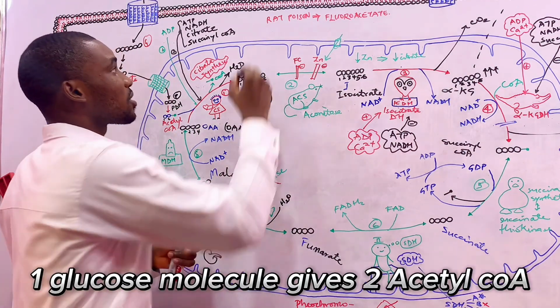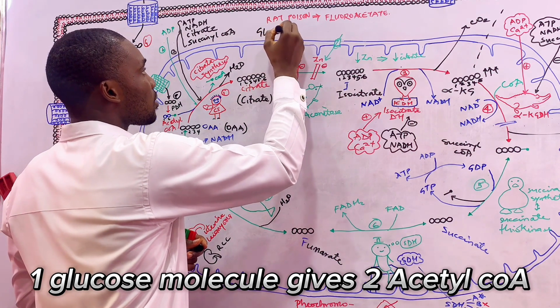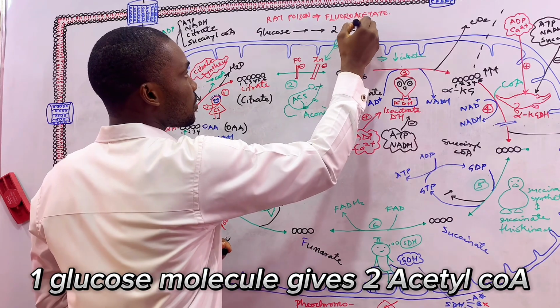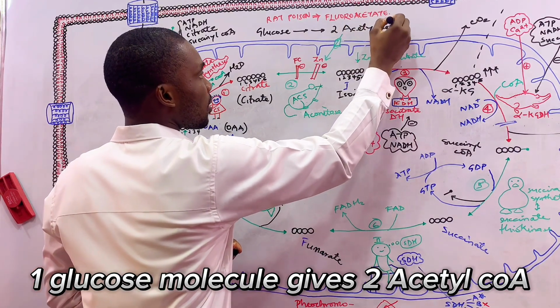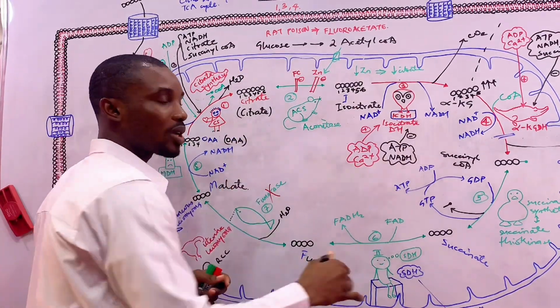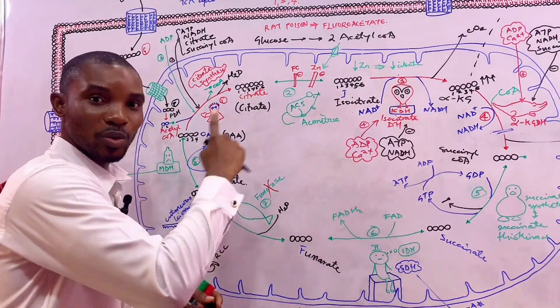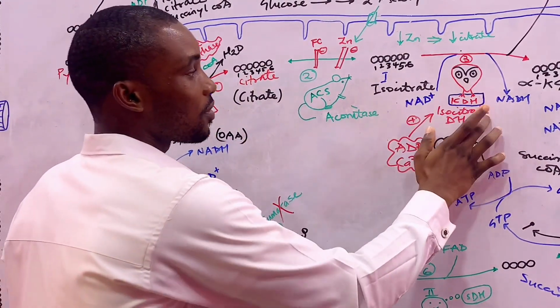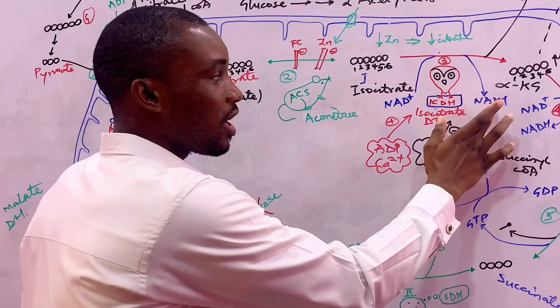So what I just said was that 1 glucose is eventually forming 2 acetyl-CoA. And this reaction was for 1 acetyl-CoA. So whatever we get, we can multiply by 2. So this reaction occurs twice. Now let's count these molecules together. So we'll go to the first one, reaction 3. What do we have?